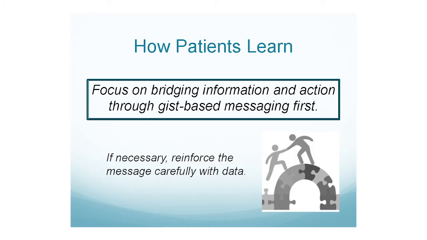So when we talk to people, it's important to know that if we get very precise, that complicates it, and that's the cognitive burden that they're going to have. So making sure that they have the gist of it bridges the information and the action. You can bring the data in then to reinforce what you just talked about in the gist.